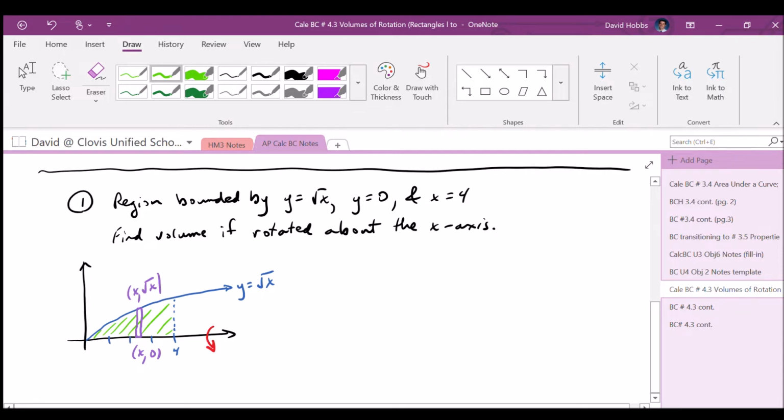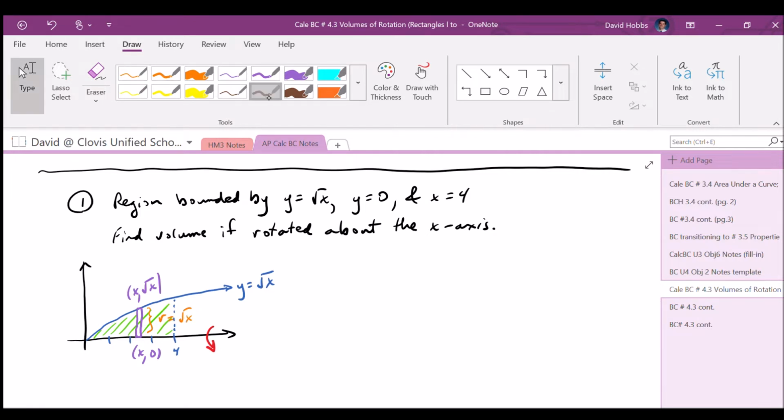I've also got the fact that we're rotating about the x-axis, so I've got the curved arrow. Yes, you need to have that. My radius is right here, and it's top y minus bottom y, so the radius is root x minus 0, in other words, root x.